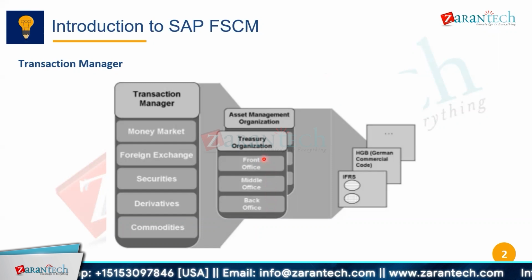Front office means the person who actually does the dealing with the bank. For example, if I take the example of my fixed deposit, if I'm the person responsible for all the conversation or negotiation with the bank to invest in a fixed deposit, then I'm the front office person, and once I have agreed, I'll create the transaction in SAP.